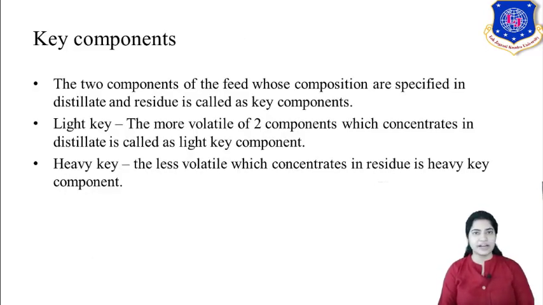Now, dividing those, what is the light key component? Of these 2 key components, the one whose concentration is high in distillate is your light key component. Similarly, the heavy key component is the one present in high concentration in residue.